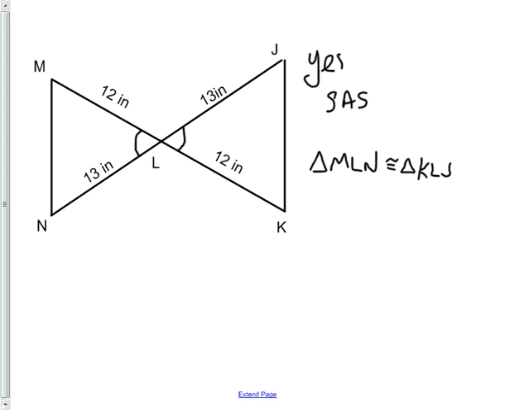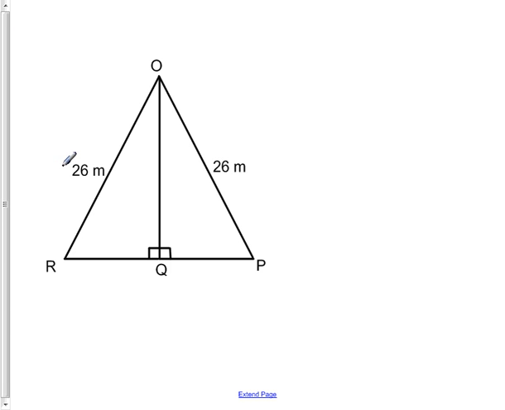Okay, let's look at the next one. So here we have a triangle that's been cut right down the middle. And so this is 26, this is 26. So what I'm thinking is I see two triangles here. Actually I see 3, but I'm looking at 2 smaller triangles.